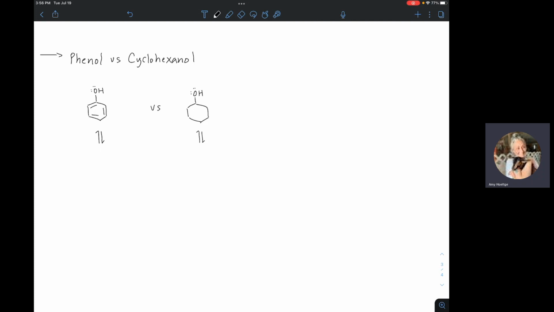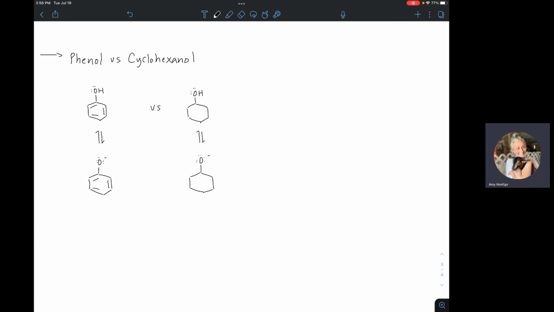If I were to deprotonate this, I end up with a species that, due to resonance, is more stable than if I were to deprotonate the other species.